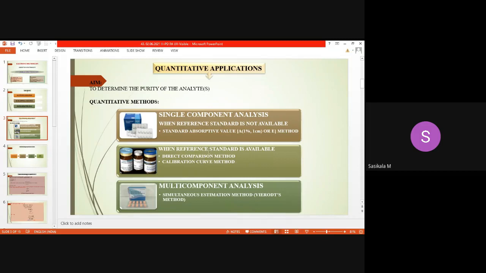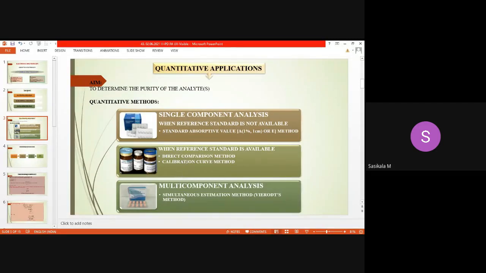This you will also perform: how to make dilutions, how to calculate concentration, and from the concentration how to determine the actual amount present in the formulation. All this will be taught when the practical classes come for those experiments.